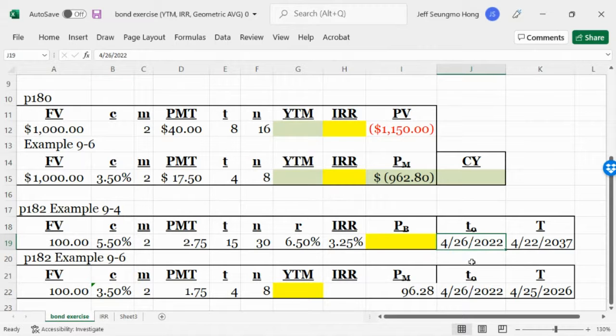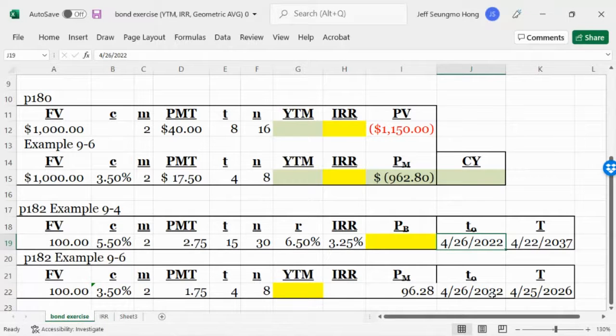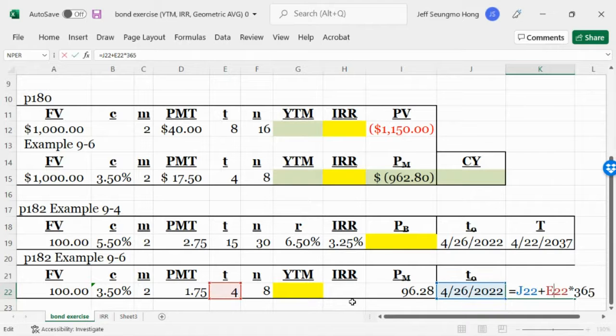It doesn't matter. This was Tuesday's date. So if today is April 26, 2022, this bond has 4 years to maturity. I built into the cell what's going to be 4 years from today.